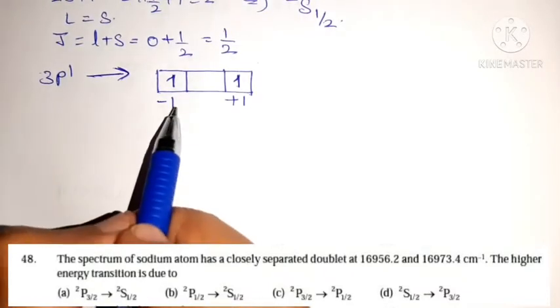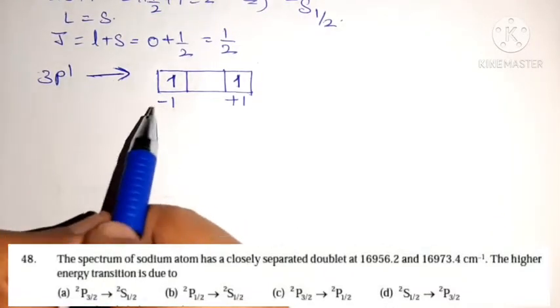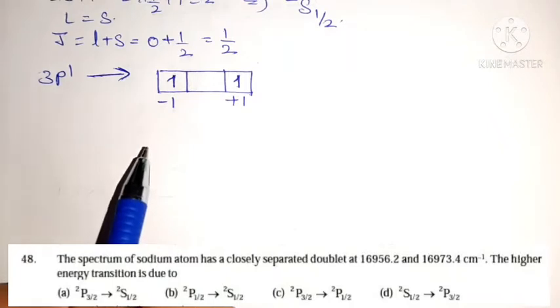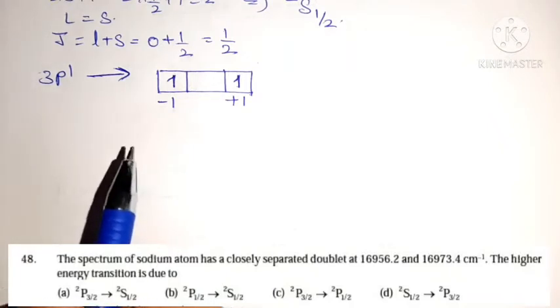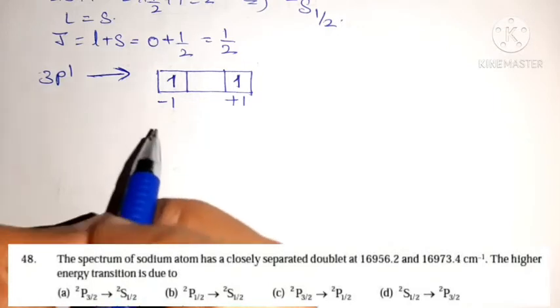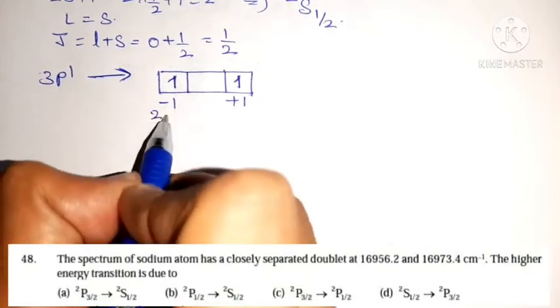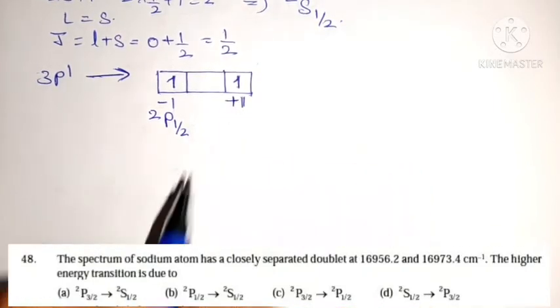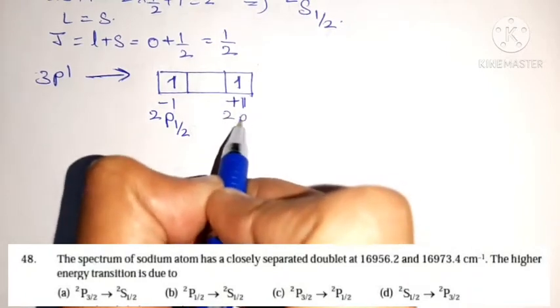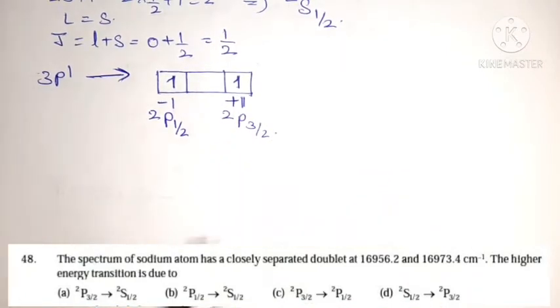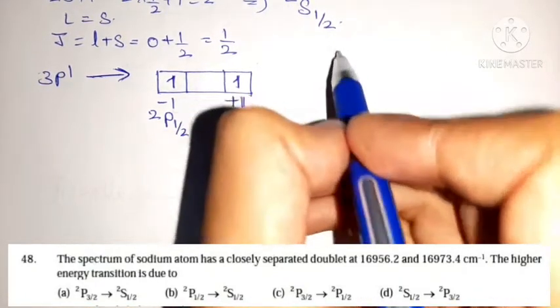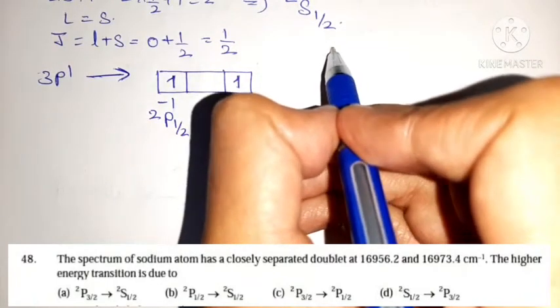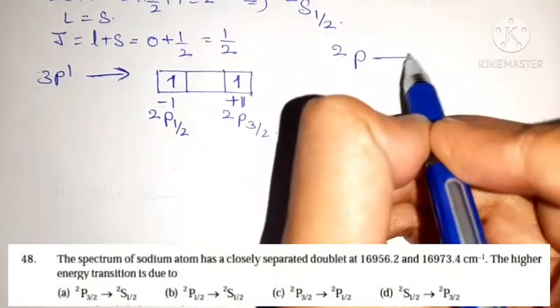When the single electron is present in the px atomic orbital, its term symbol will be 2P 1 by 2, and when it is present in the py orbital, its term symbol will be 2P 3 by 2. So it means your 2P splits into two states.